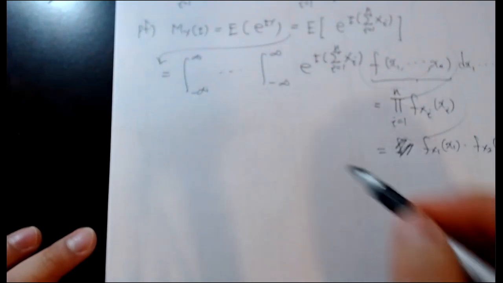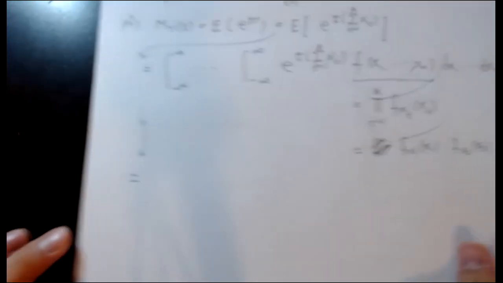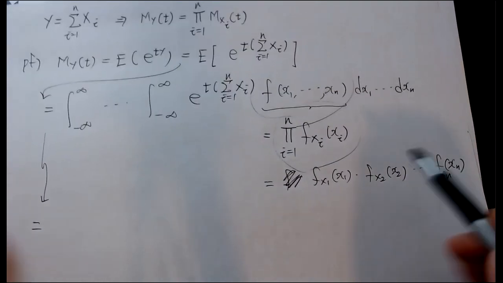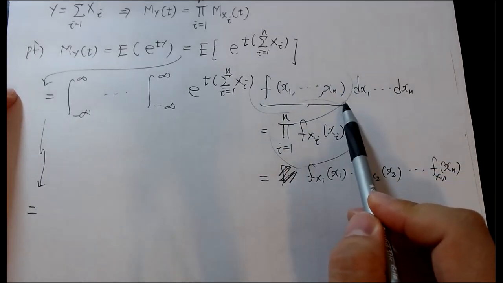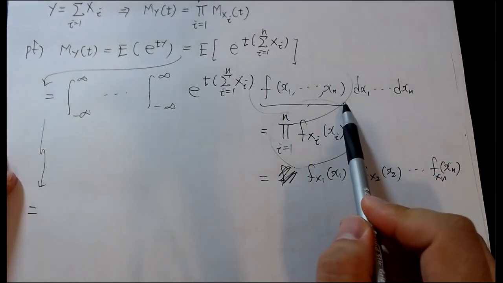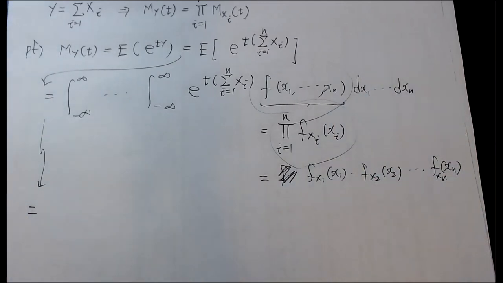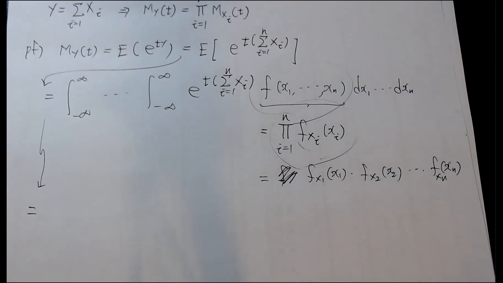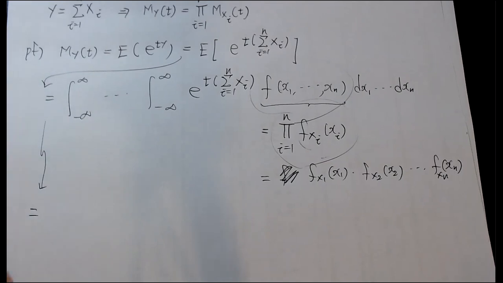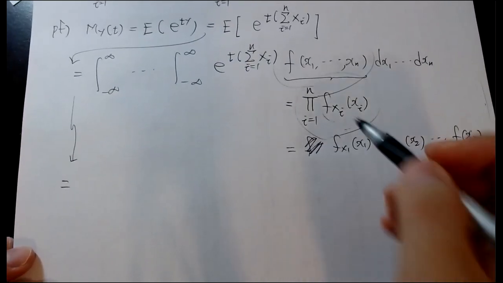So now we need to figure out this one. Since X1 through Xn are independent, by the property of linear functions of random variables, which we learned in 5.6, that is equal to the product of the PDF of each Xi. Now plug in this.